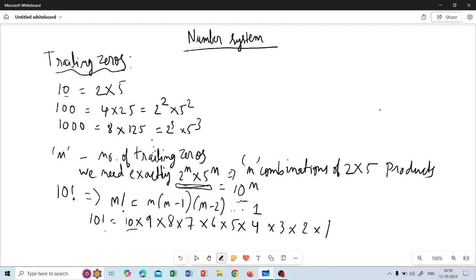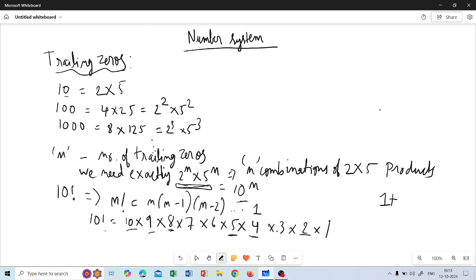I want to find the number of trailing zeros for 10 factorial. So there is one 0 already, so I'll write 1 here plus something else. 9 is there, 8 is here, and also 4, 2, and 1, and 5 is there. You know that I need combinations of 2 cross 5, but there is only a single 5 here.